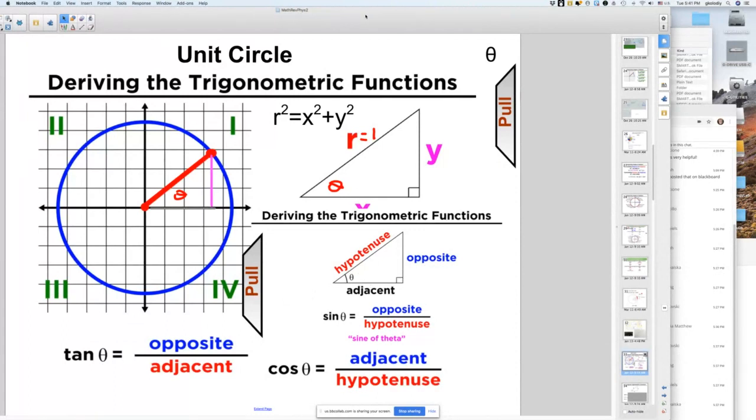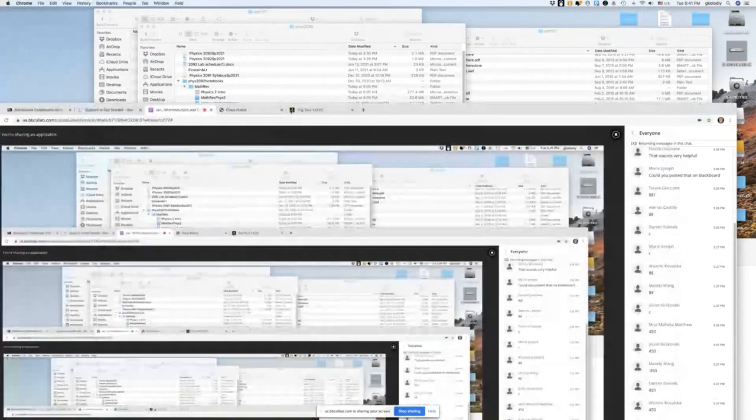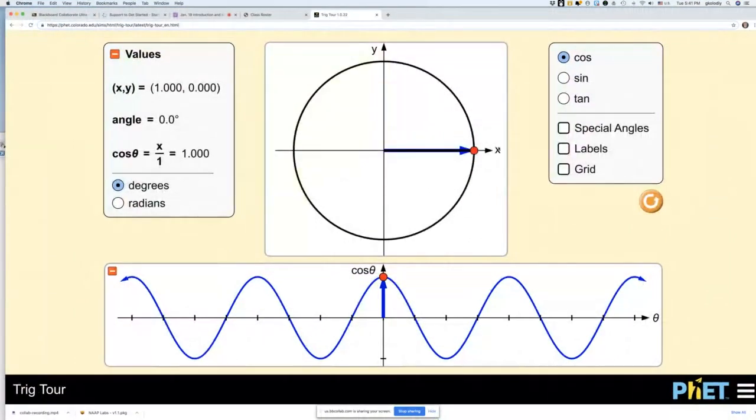So now I'm going to go to the unit circle demonstration that I had before. All right, so this is that unit circle that we've been talking about. As I go around here, you notice two things happen: this gets bigger and this gets smaller.